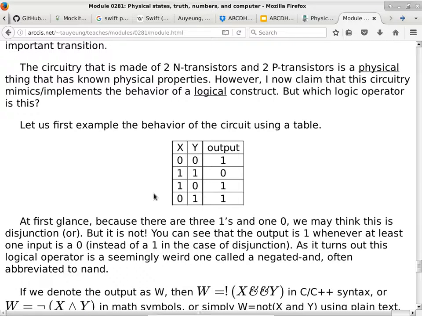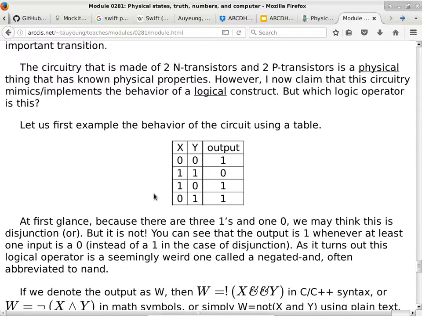By working out the states of each valve and also how they are connected in the circuit. So when you look at this, you go like, okay, well, what about it? It seems like it resembles one of the logical operators that we are familiar with, because the only time that it is different from the other 3 times is when X and Y are both 1s, then the output is a 0, but for all of the other ones, the output is a 1.